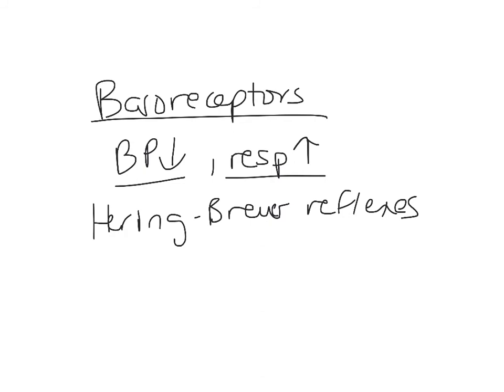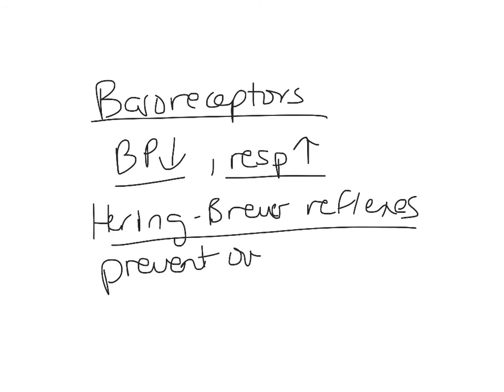So it's just going to be if you have a very high tidal volume, like you're bringing in way too much air. And what the Hering-Breuer reflexes do is they prevent overinflation and collapse.